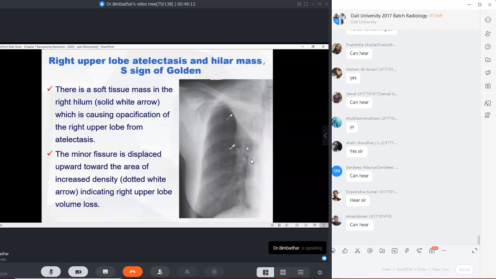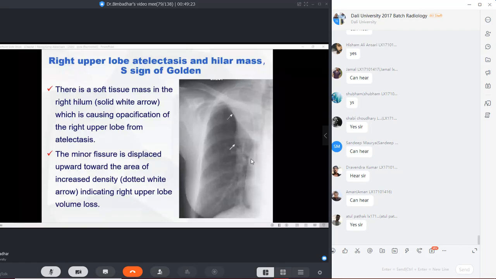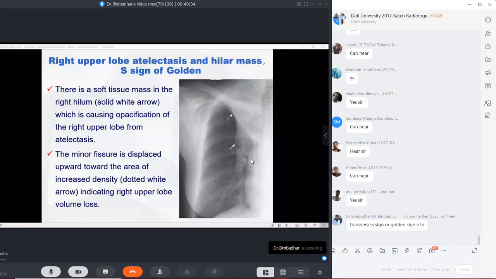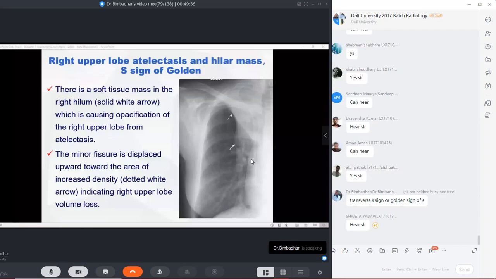So this is actually called as the golden sign of S. You also have to remember the other name for this is the transverse S sign. Transverse S sign, or golden sign of S. Okay, remember, it actually indicates that the patient is suffering from central bronchogenic carcinoma.